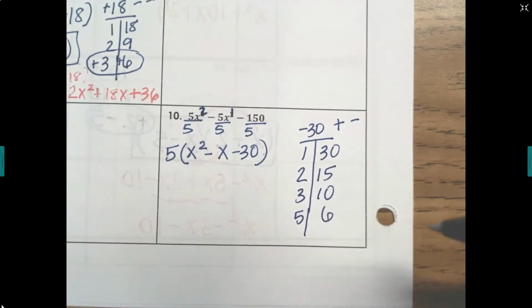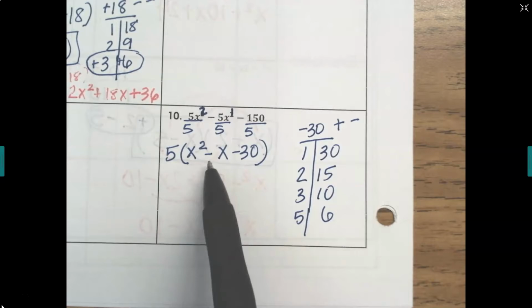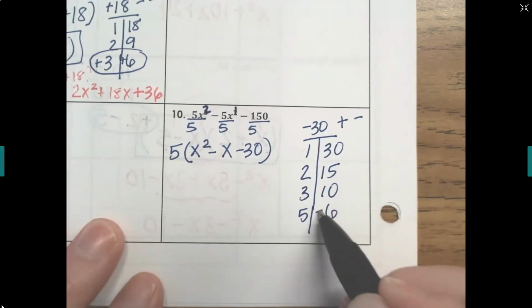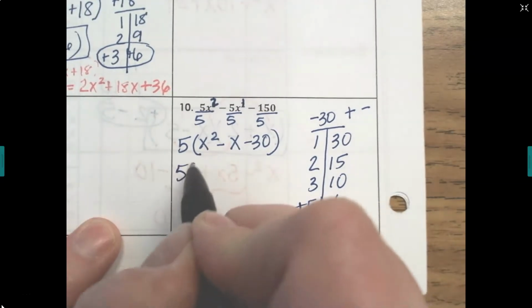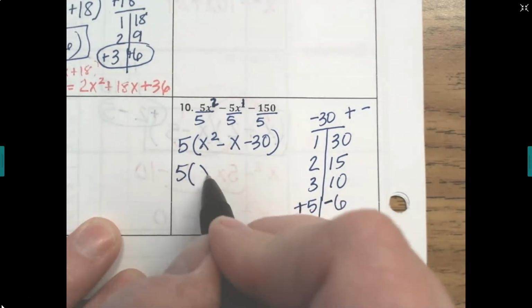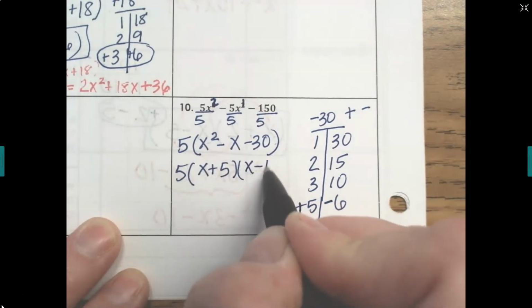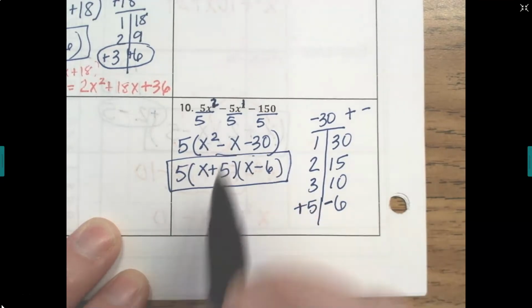Which one of those with opposite signs can I make a negative 1? 5 and 6 are only 1 apart, so that can work. And the only way it's going to work is if I make the 6 negative and the 5 positive. So we'll write our GCF, and then we have x plus 5, x minus 6. And that is our factored form.